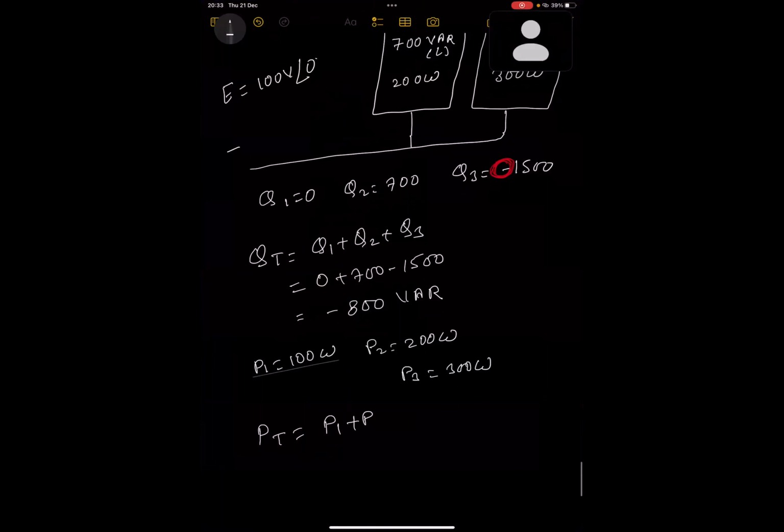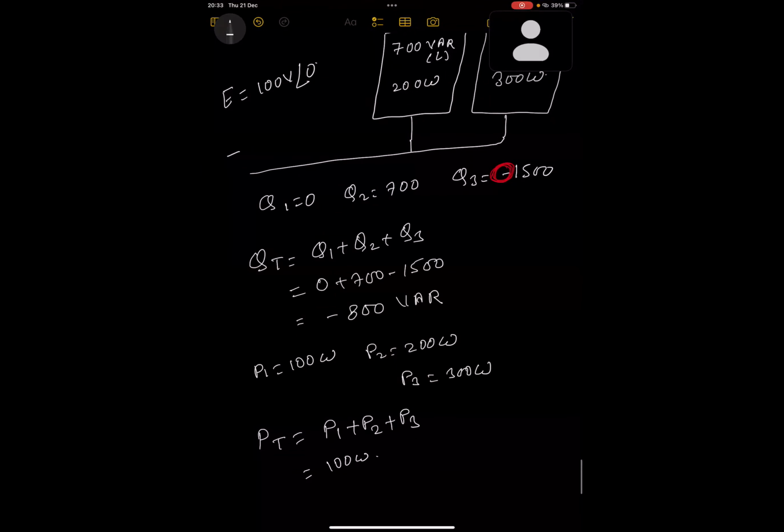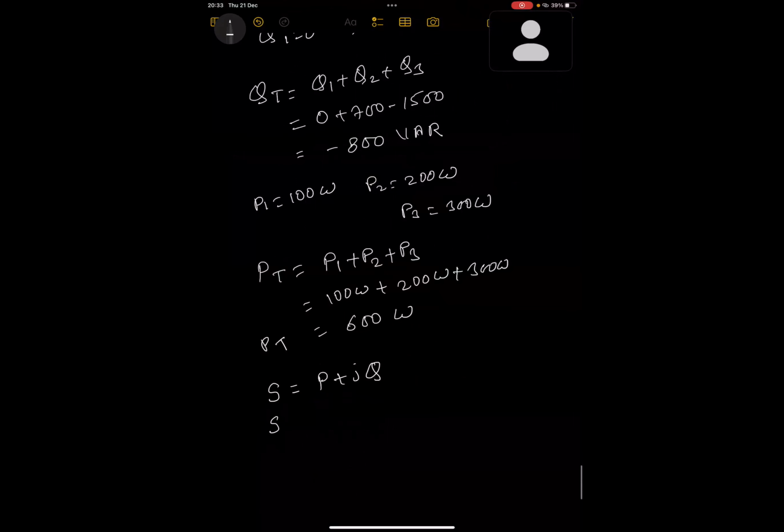So this will become total power P1 plus P2 plus P3. P1 value is 100 watt, P2 is 200 watt, and P3 is 300 watt. So this will become 600 watt, PT. As you know, complex or apparent power S equal to P plus jQ. So ST is equal to PT plus jQT. Put the value of PT as 600 minus j800, ST.